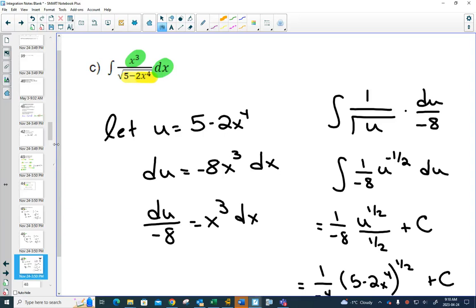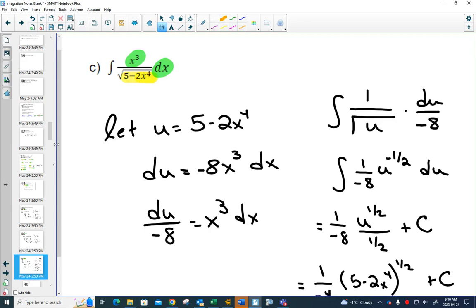If you're trying to do this directly, there's so much going on with fractions and numbers and things happening that it's so easy to get lost in the process that the substitution just takes that out and allows you to say, all right, we're keeping track of things for you by doing this technique.